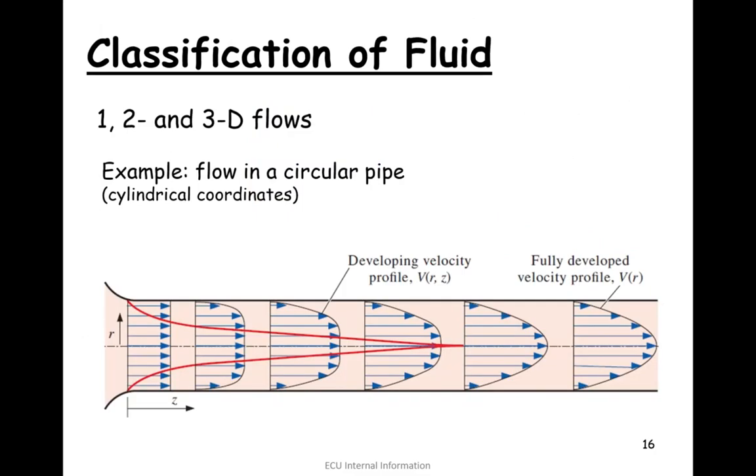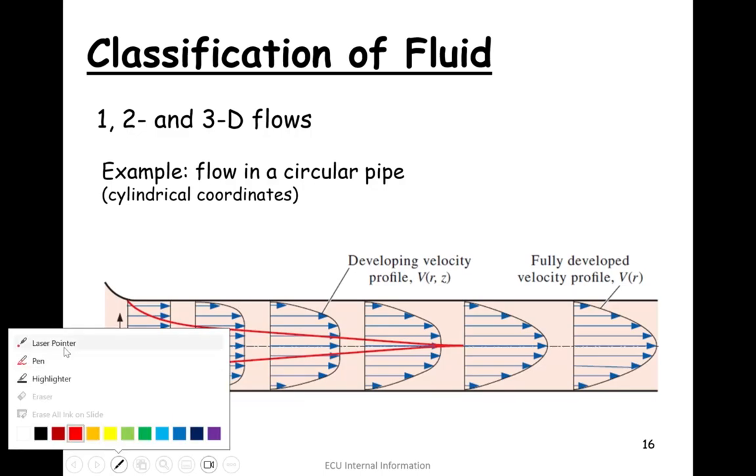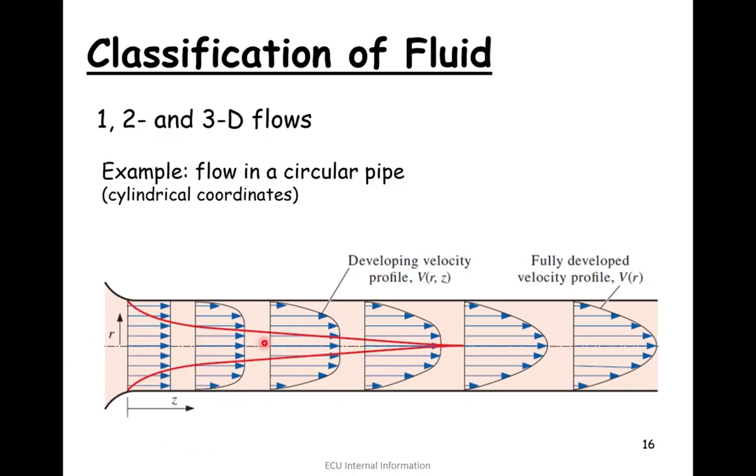We also have a classification of flow which we call one, two, and three dimensional. You can see, for example, if you consider the flow between these two red lines and it changes in only one direction, then this is called 1D flow.